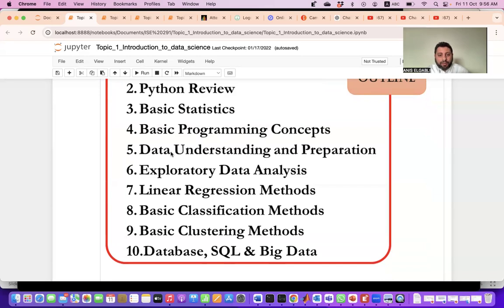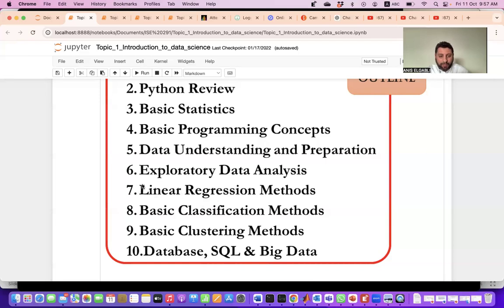So we will spend some time on data understanding and preparation. So how to understand your data, how to clean it and prepare it for a data mining or a machine learning task. And also how to perform exploratory data analysis in topic 6. And after that, we will perform some machine learning tasks.